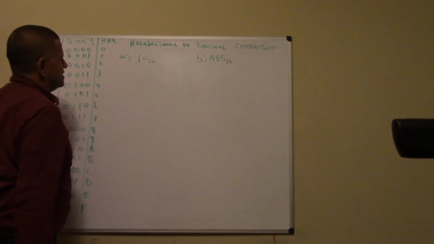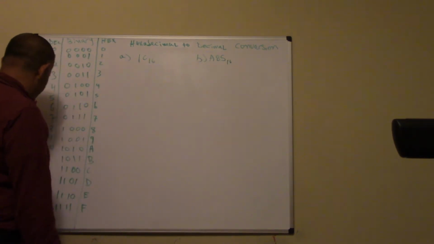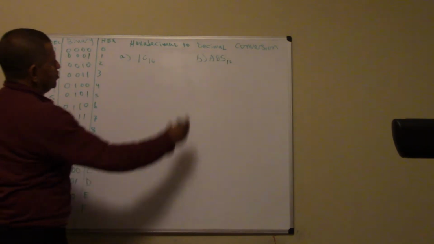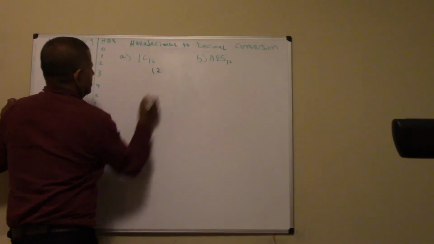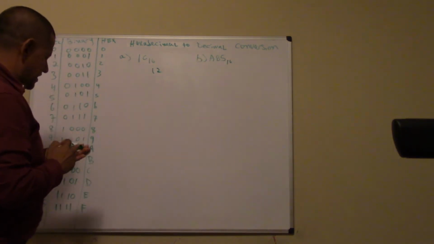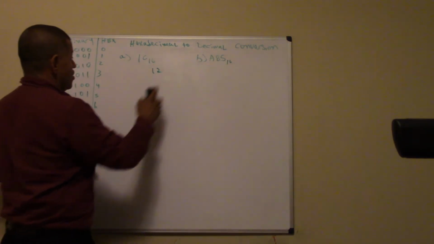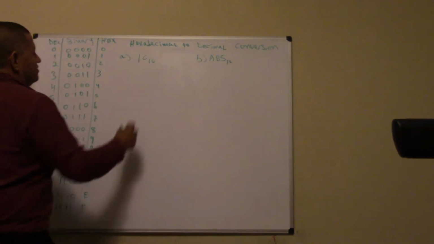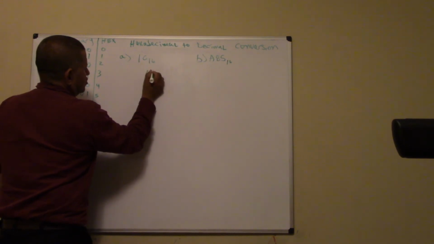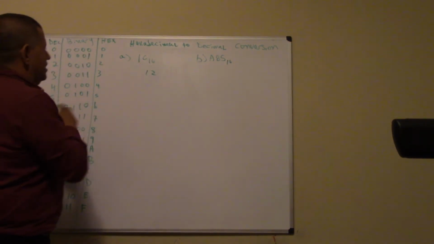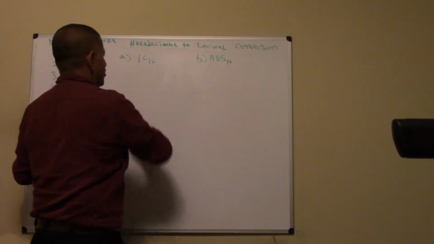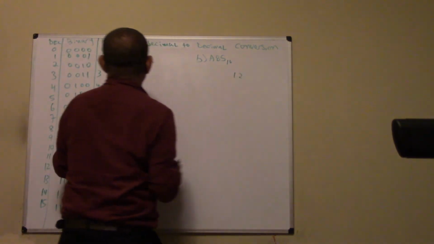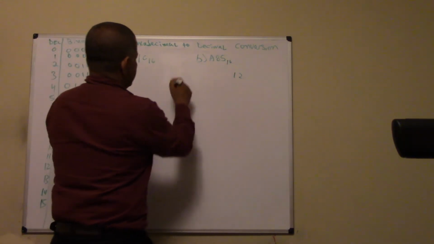In C, we know that corresponds to 12. So C is 12. If you don't know, but you know that C corresponds to 12, then you put 12 in there. Actually, let me work this out with a little more space, because it's going to take some space. So C is 12, and 1 is simply 1.